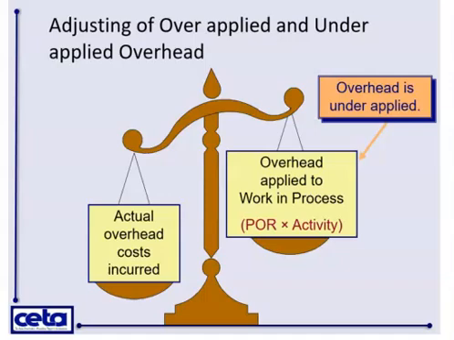So in both ways, there's some advantage and some disadvantage. If we over apply, our selling price will be high, and we'll start losing customers. And if we under apply, we estimated less and actual was more. In that case, we may end up making a loss or lesser profit.